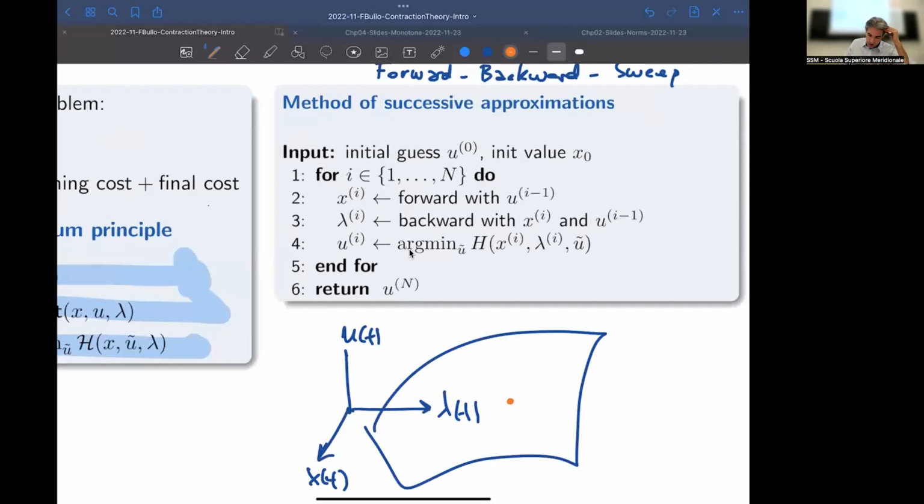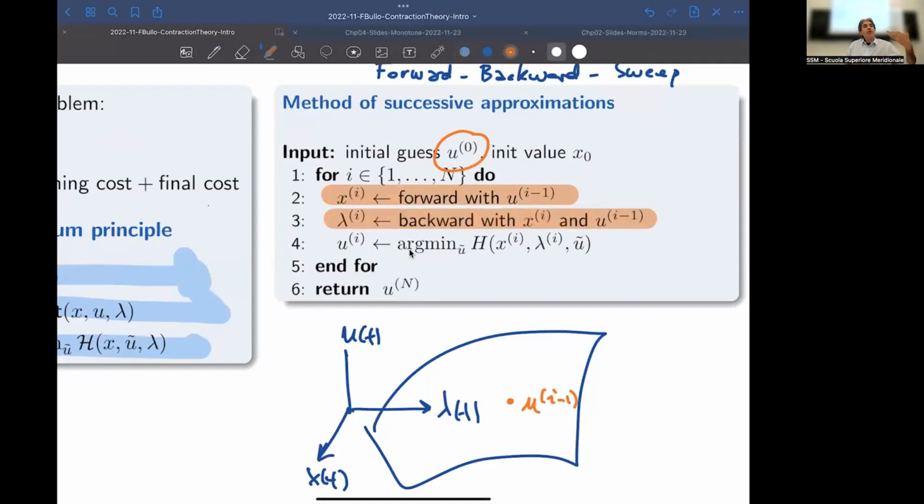The algorithm says, I have a position here, and that's u at iteration i minus 1. How do I compute a new value for u? So you give me u, maybe at the beginning u at 0, u0, a first guess for the optimal control. I do the forward map, and I do the backward integration.